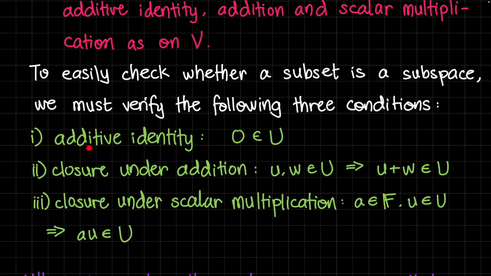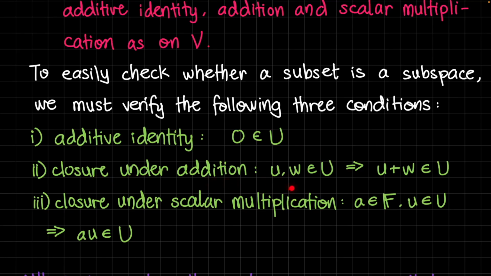So additive identity is the first. You need to check whether your subset of a vector space has the additive identity included inside it. And again, this additive identity is inherited from the vector space V. You need closure under the addition operation.